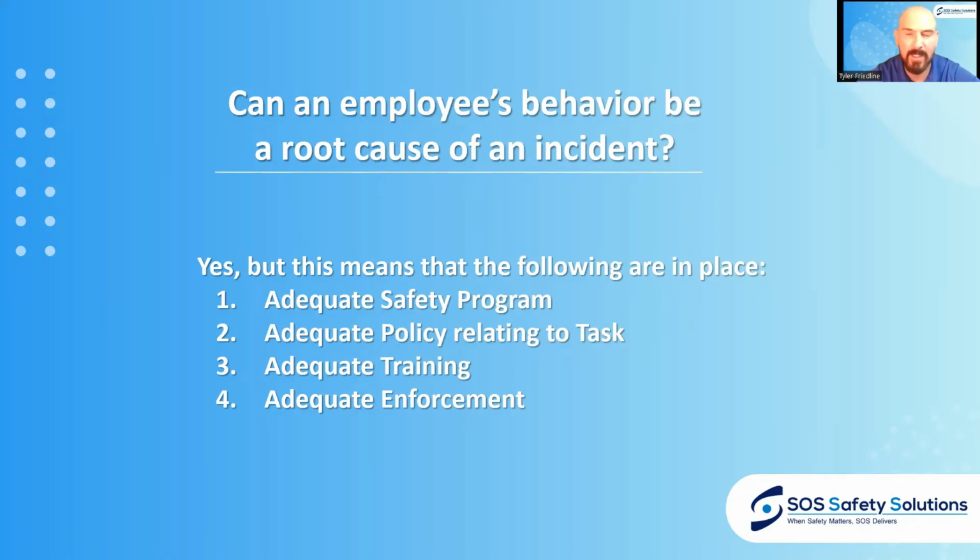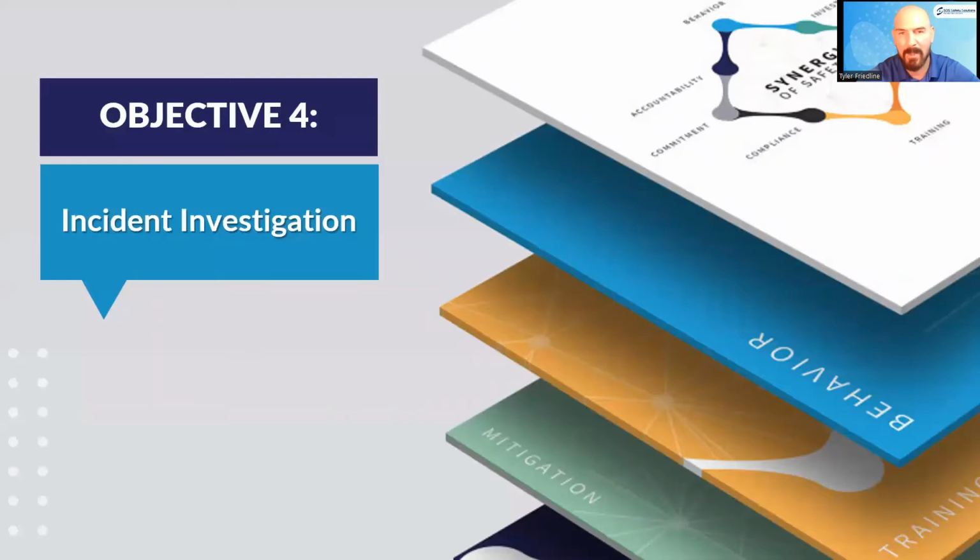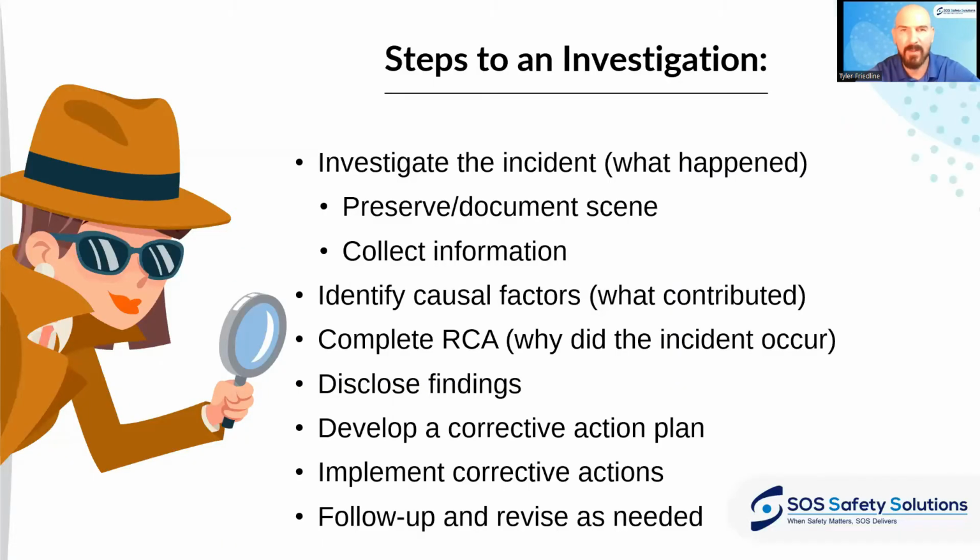That's a case where the employee's behavior is truly the root cause because you have everything in place. But don't be so confident after an incident that you do have all these things in place. You have to dig into it to really be able to know. Look at your training records, things like that. Was that employee present at last year's refresher? Things like that. All right, moving on to our next bullet, incident investigation.